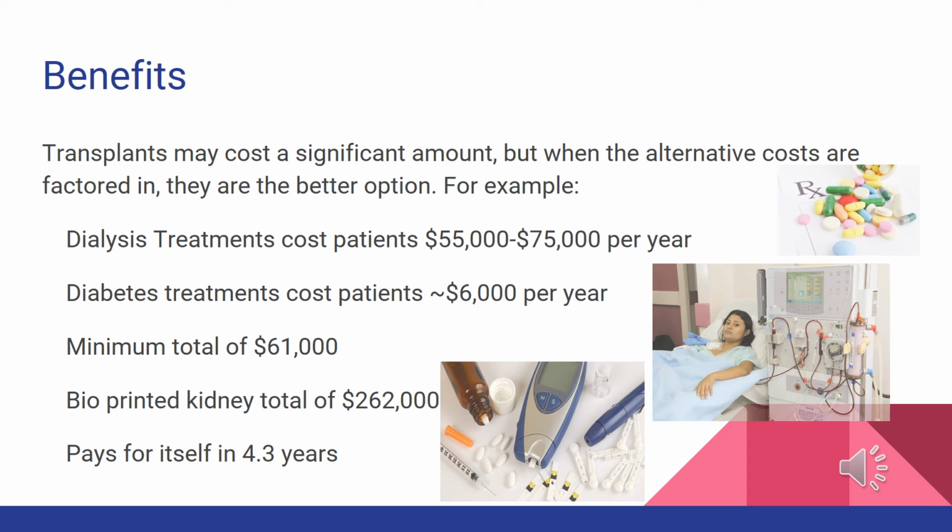So just to add up the minimums there, you're at $61,000. Now, kidney transplant total is at $262,000. So it pays for itself in just 4.3 years once you consider all of the money that you're paying for the treatment alone.